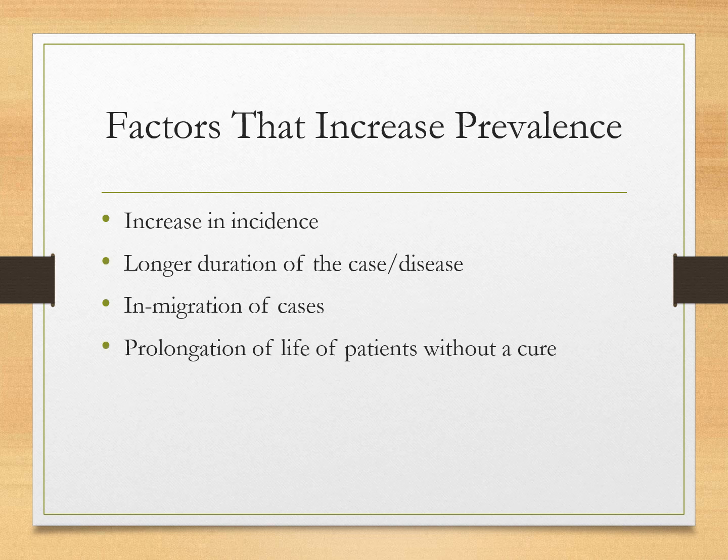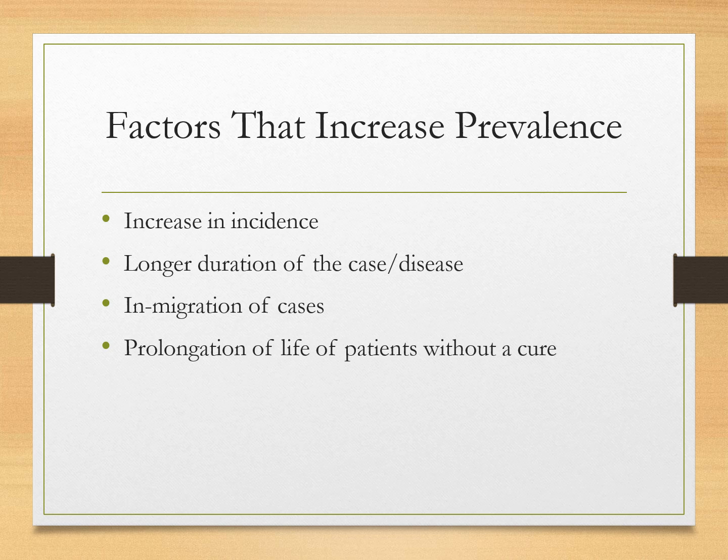Several factors contribute to an increase in disease prevalence. These include a rise in incidence, meaning more new cases are occurring within that population. Longer disease duration also increases prevalence as individuals remain affected for an extended period of time.